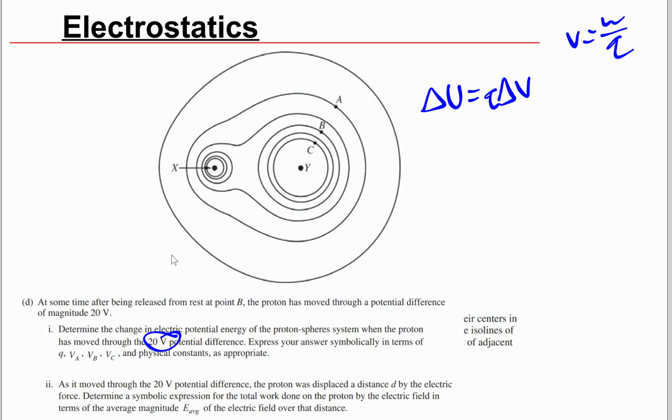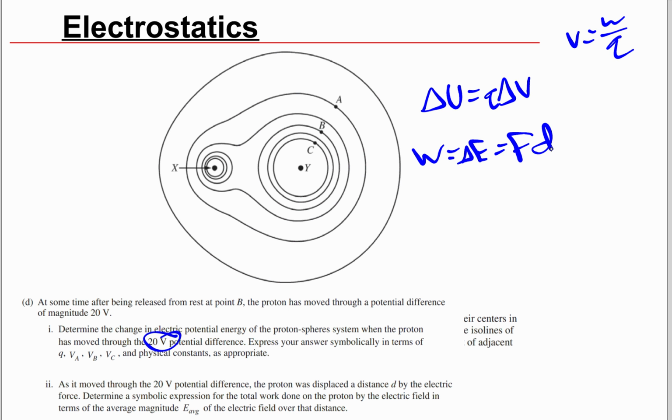Okay, as it moved through the 20-volt potential difference, the proton was displaced a distance d by the electric force. Determine a symbolic expression for the total work done on the proton by the electric field in terms of the average magnitude. All right, so remember, work, which is equal to change in energy, is equal to force times distance.